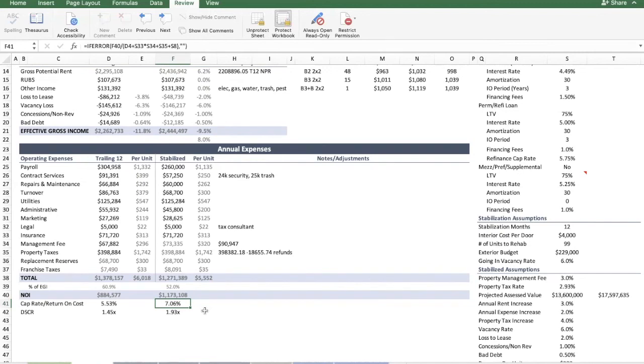If you could create income at an 8 cap and sell it at a 6, that's an arbitrage you'd be happy to capture. But if you're buying deals because you believe in long-term growth prospects and good bones, then your return on cost may be fairly close to your projected exit cap rate. And at that point, we're in this more for the long term.